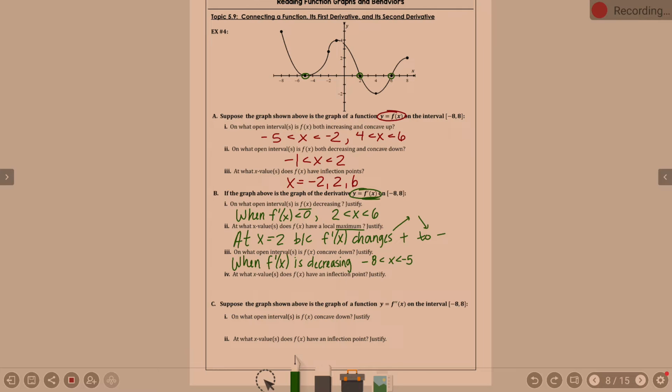Any place else? -1 to... go all the way to 4. Yep. Inflection points?